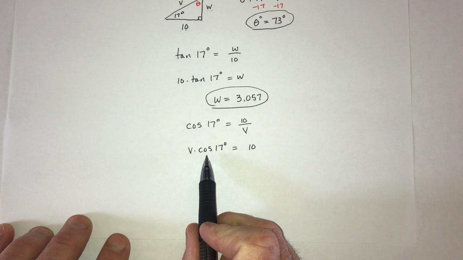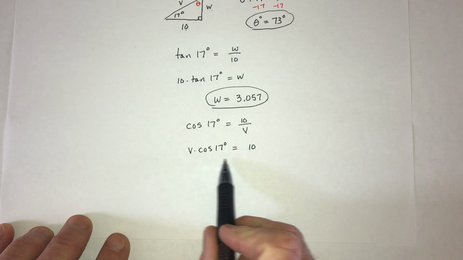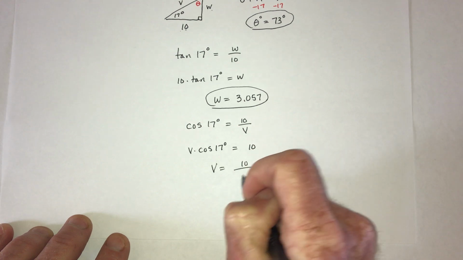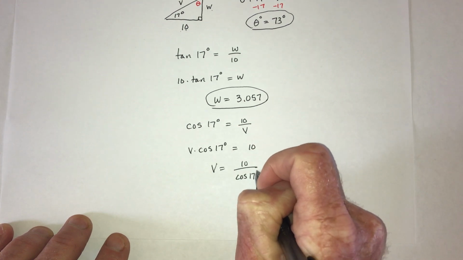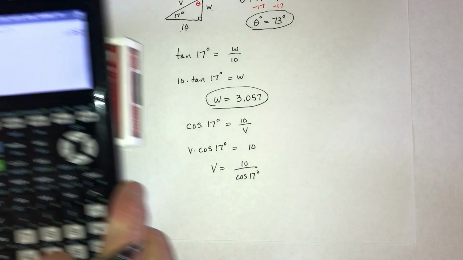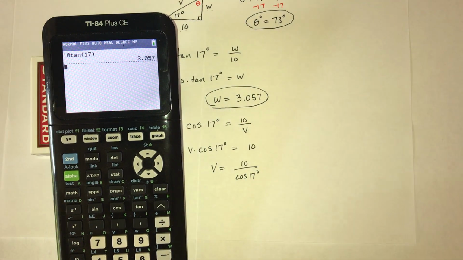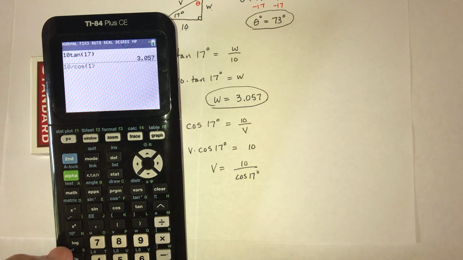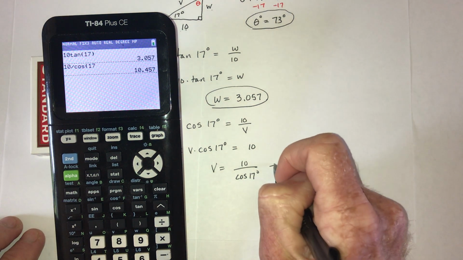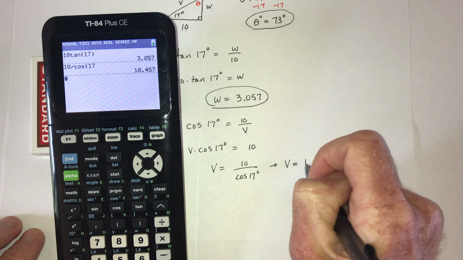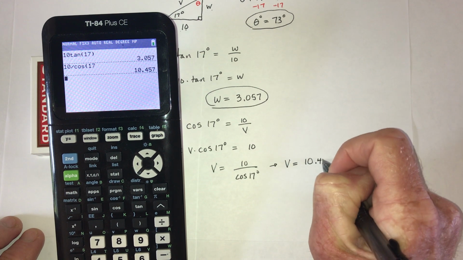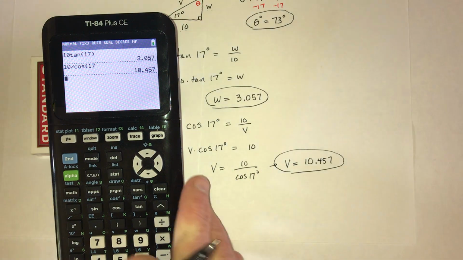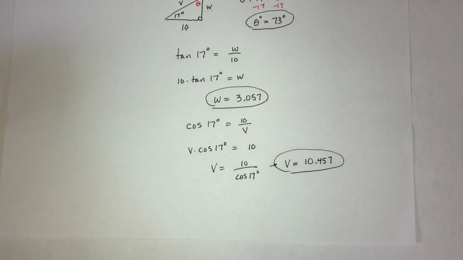And for the last step, to solve for V, divide both sides by cosine of 17. So 10 divided by cosine of 17. So that means that V is equal to 10.457. And then this is done. We solved the triangle.